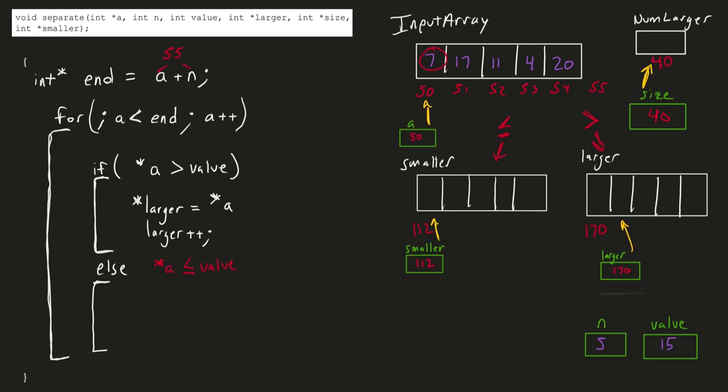Well, we want to do something similar. We want to take that value and we want to put that into the data that smaller is pointing to. So the data at that address here. And of course, I want to plus that smaller so it can continue to point to the next address. And that'll do it.